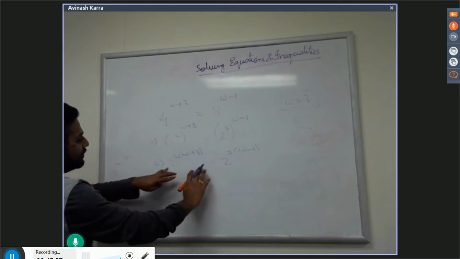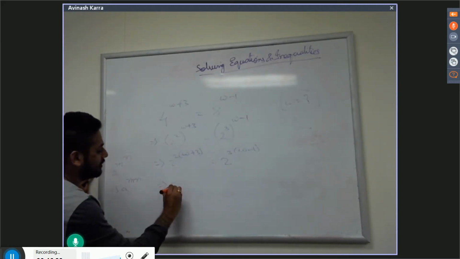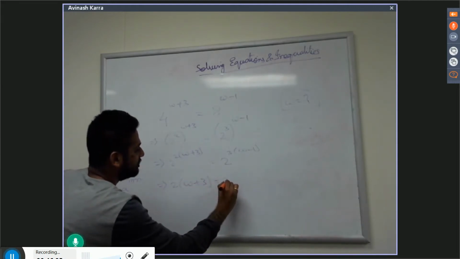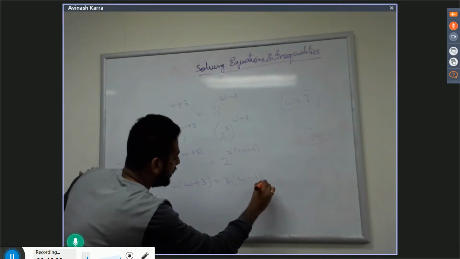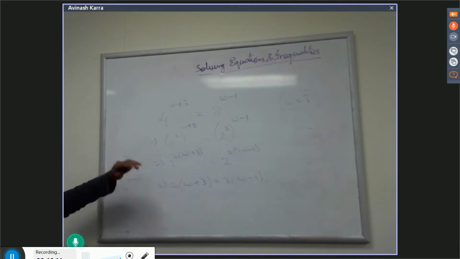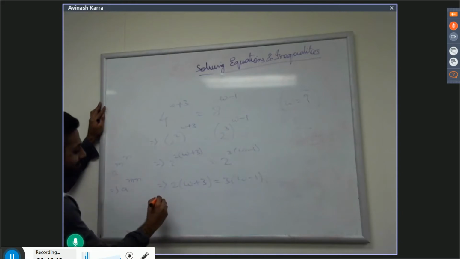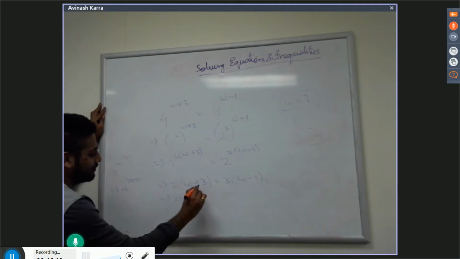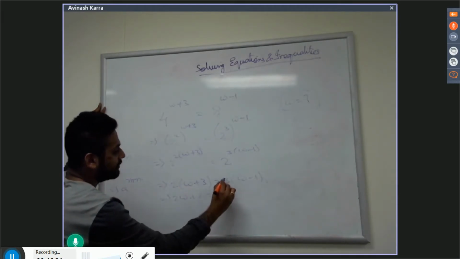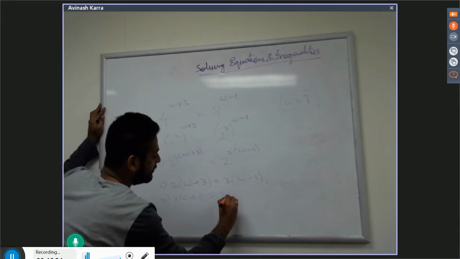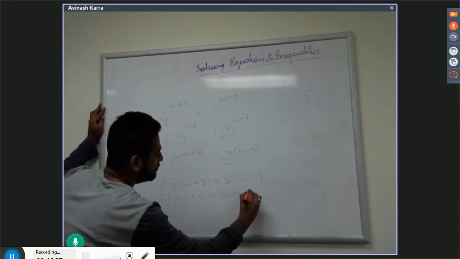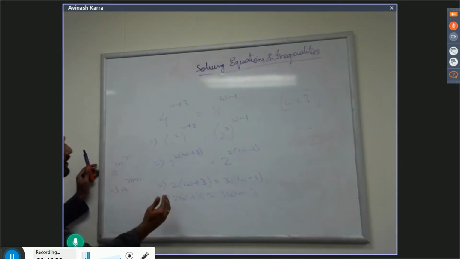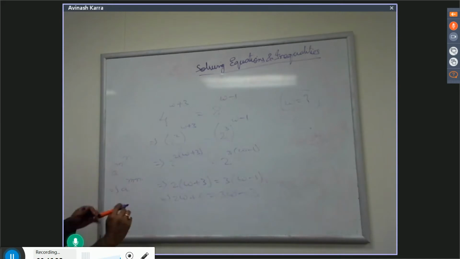I'm just excluding the bases and writing the powers. 2 into w plus 3 is equal to 3 into w minus 1. Right? So now the same way as before: 2w plus 2 into 3 is 6 is equal to 3w minus 3 into 1 is 3. So now take all the variables towards one side and all the constants towards the other side.